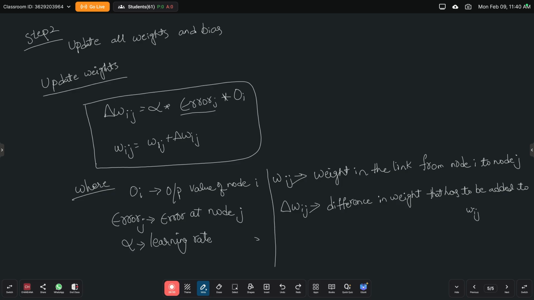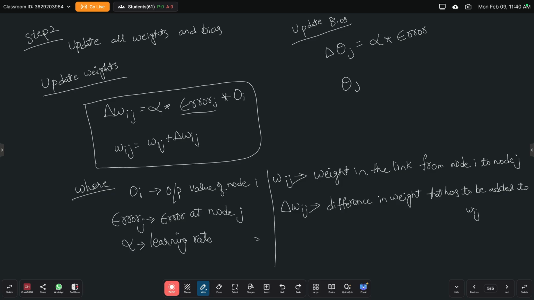Next one is update bias. Bias is nothing but theta, denoted as theta. The formula to find the bias is delta theta j equal to alpha into error, the previous error, how much you got.